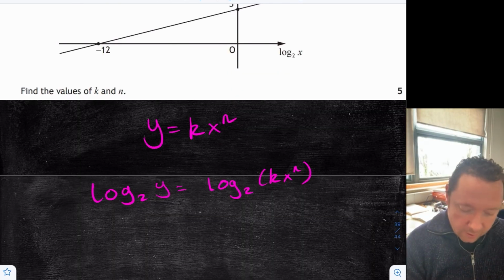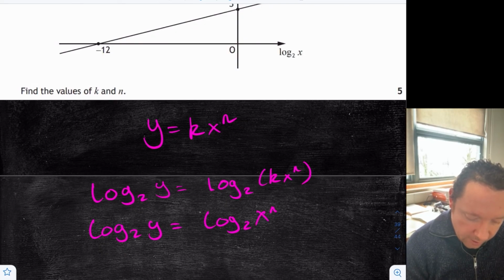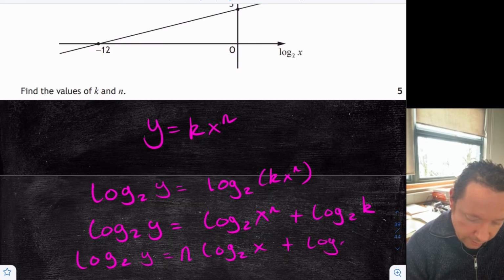Separating the product k and x to the n, I can say that log 2y equals, I'll write the x one first, log 2x to the n plus log 2k. So I can then write log 2y equals n comes down, log 2x plus log 2k.